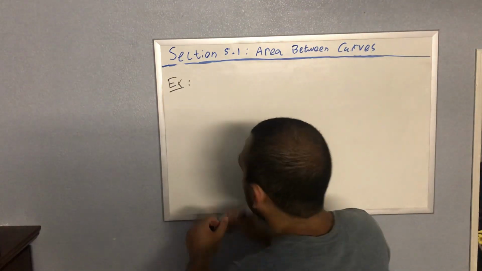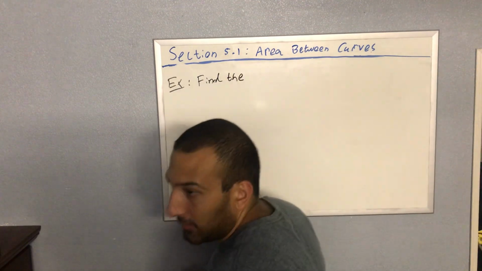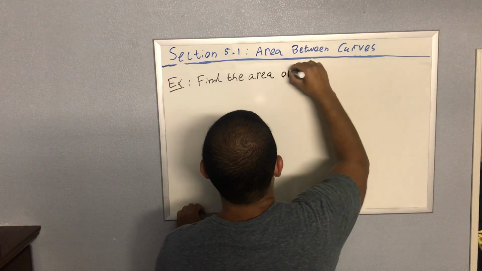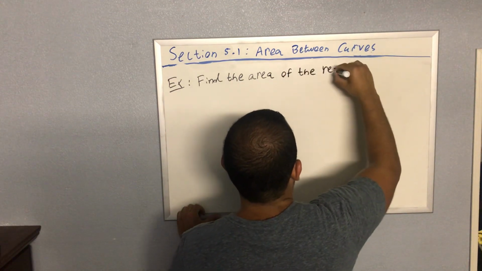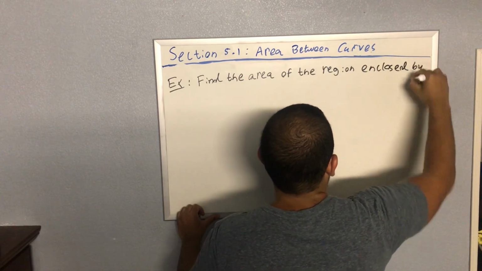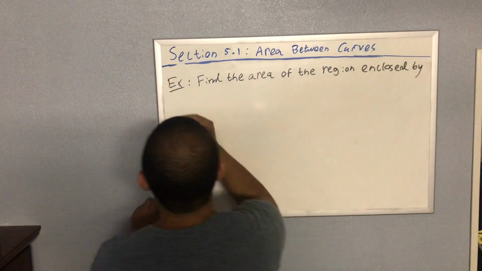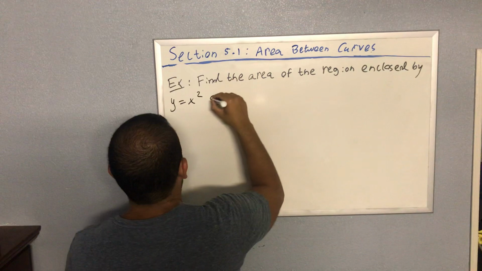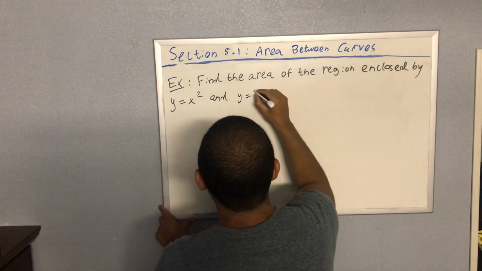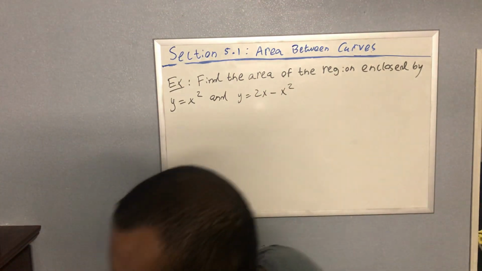So we want to find the area of the region enclosed by y equals x squared, and y equals 2x minus x squared.